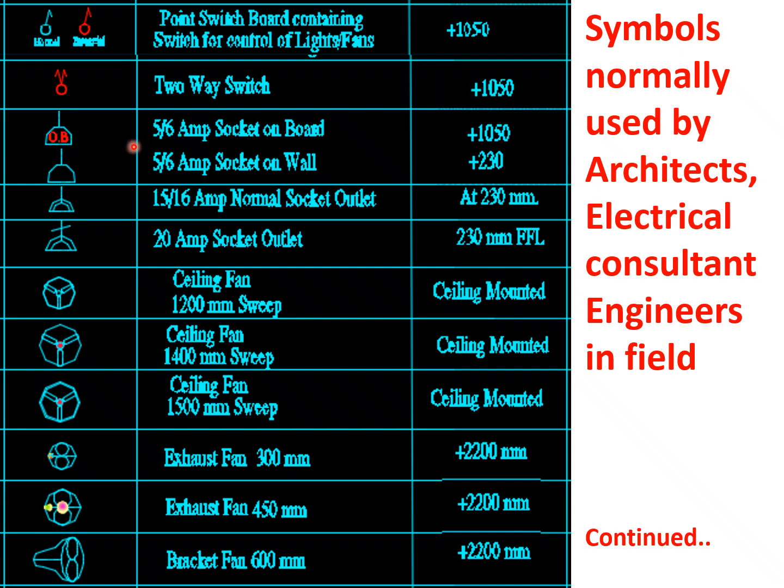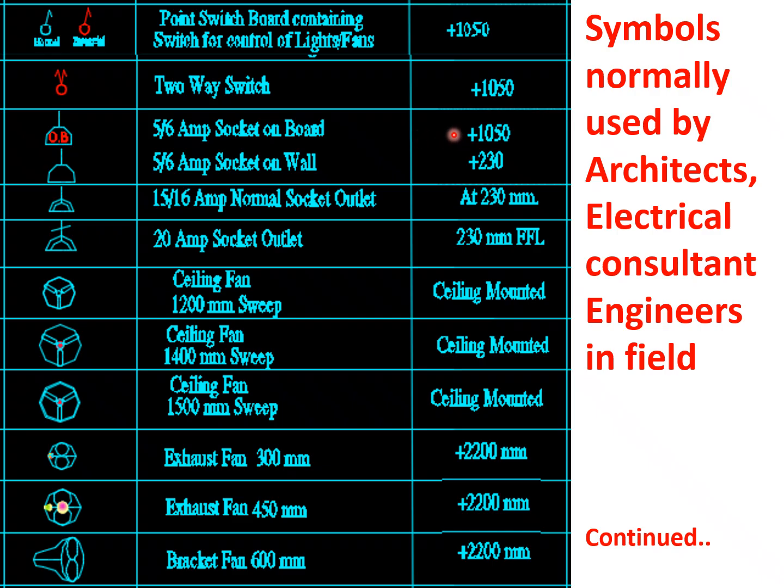The third symbol is 5 or 6 ampere socket outlet. This is a socket outlet provided on the wall at 230 mm height, and the other one is known as on-board 5 ampere or 6 ampere socket outlet on board.